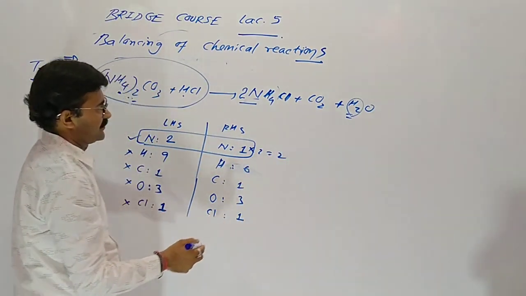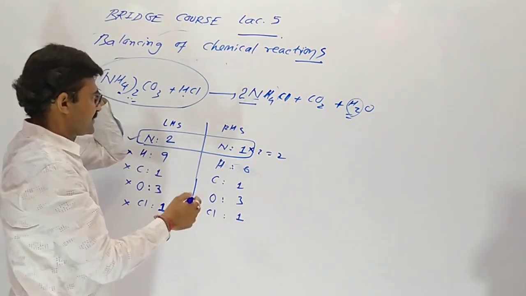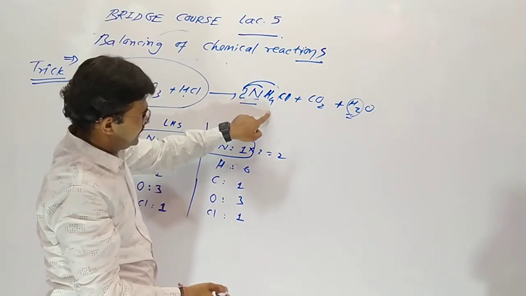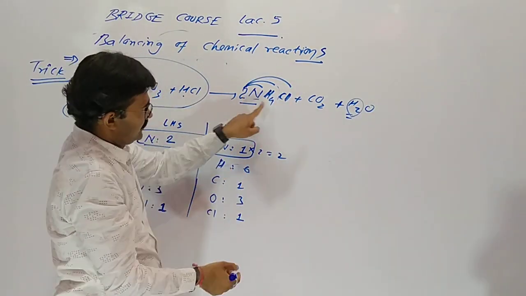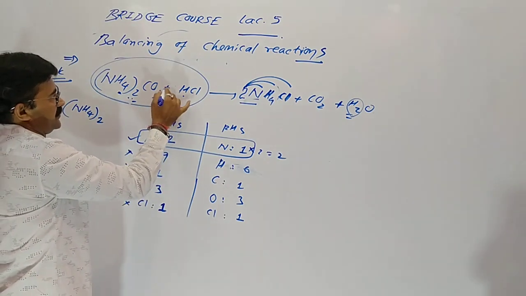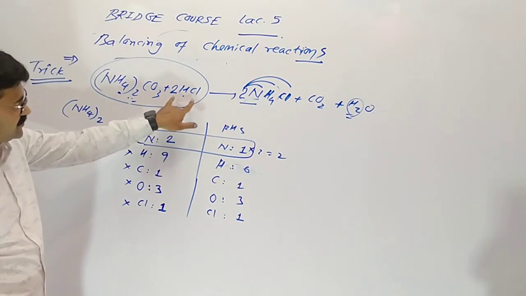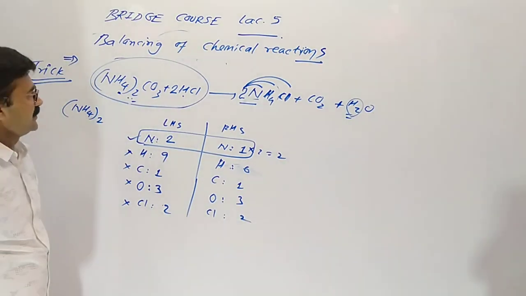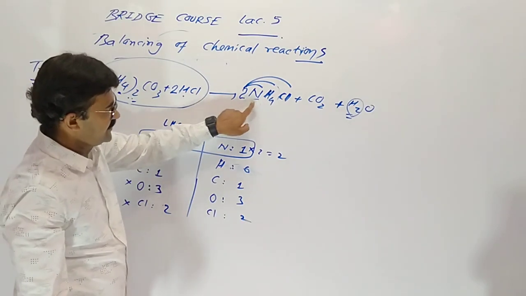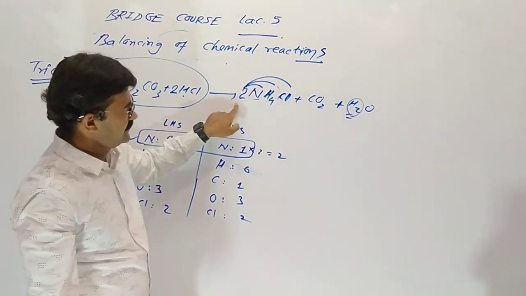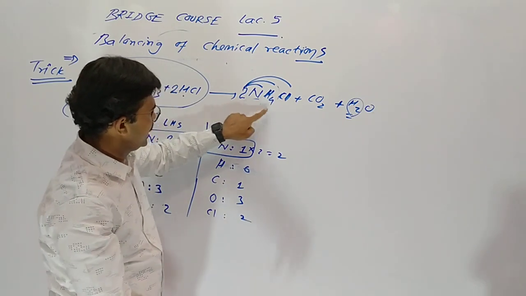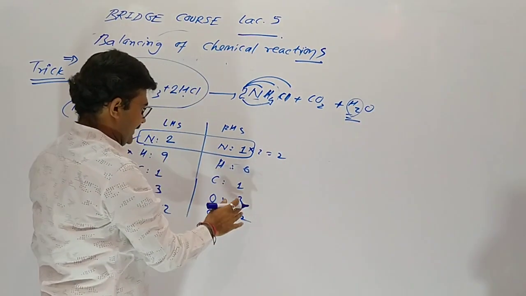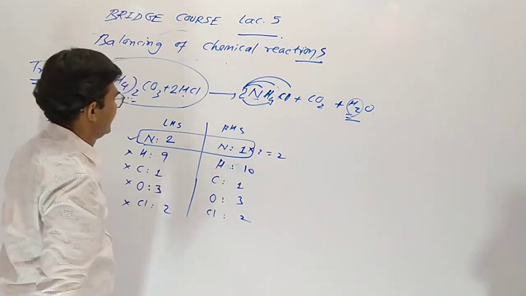Now nitrogen is balanced, but the remaining will be changed. You can see here nitrogen 2, hydrogen 8, and chlorine also 2. Chlorine is 2 now, so here we have to multiply by 2. So 2 times chlorine and 2 times chlorine. Here hydrogen is changed: 4 twos are 8, 8 plus 2, so 10 hydrogen on the right hand side.